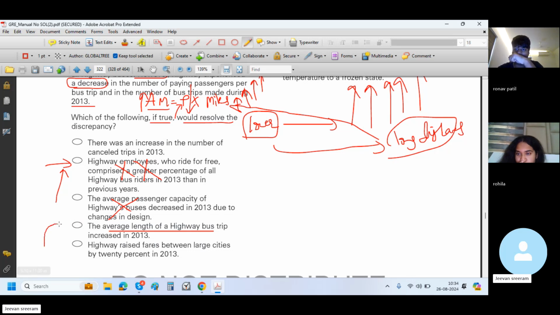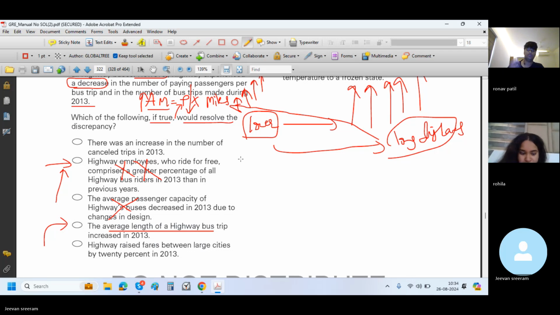This is the only case. Can you check any other options as good as this? Somehow it is talking about the miles. Yes, sir. There is no other option even talking about the miles traveled. The average length of the highway bus trip increasing means the average miles traveled increased. Why did the average length increase?